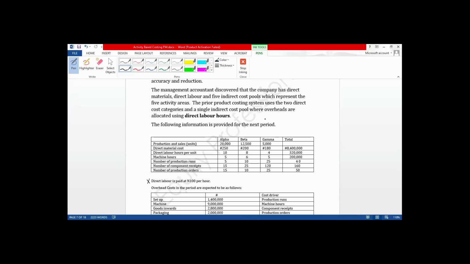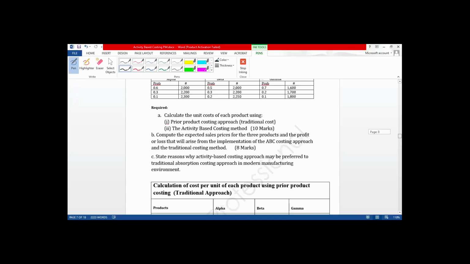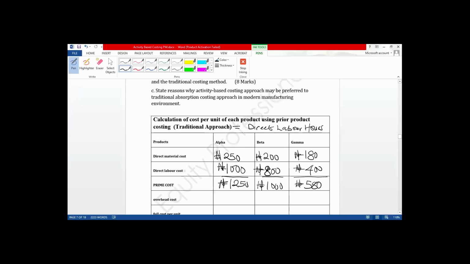So we now need to allocate overhead using direct labor hours because we are asked to calculate cost per unit using prior product costing.